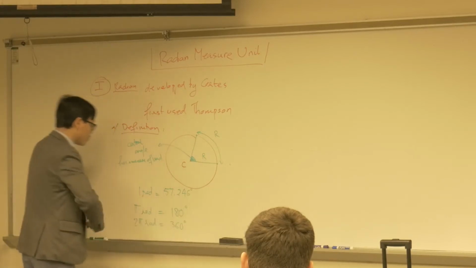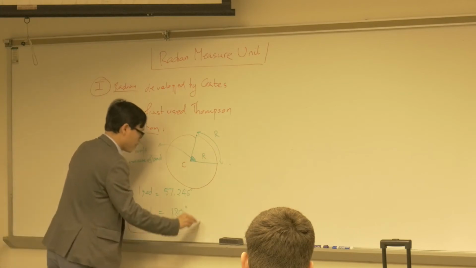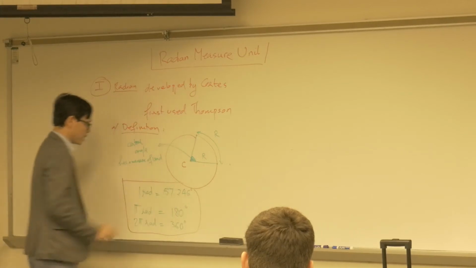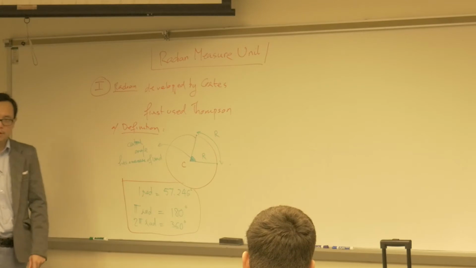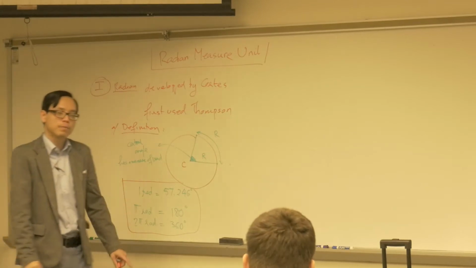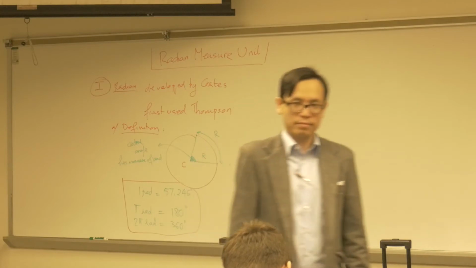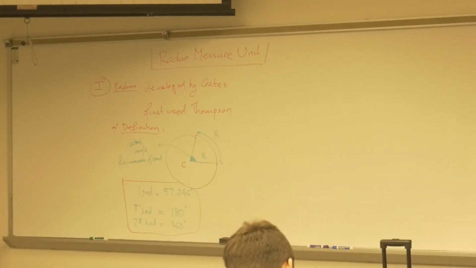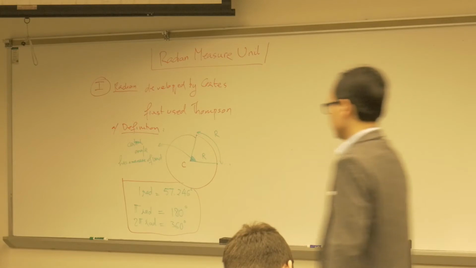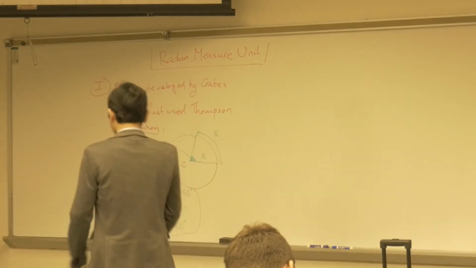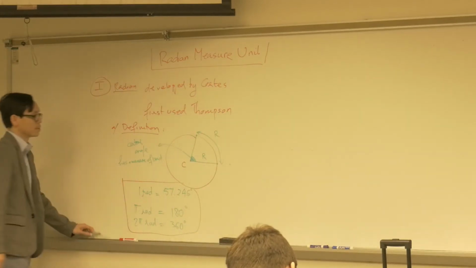Okay, all of this you should memorize, especially the last two, because the last two are going to help you convert any degree unit to radian unit and vice versa. Any questions?